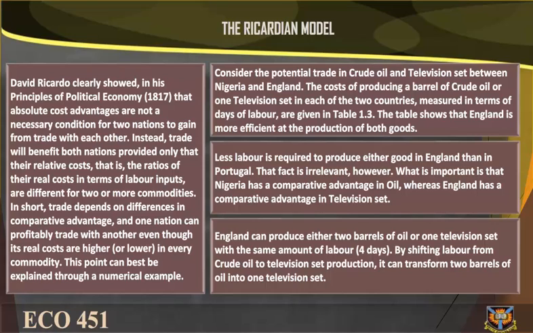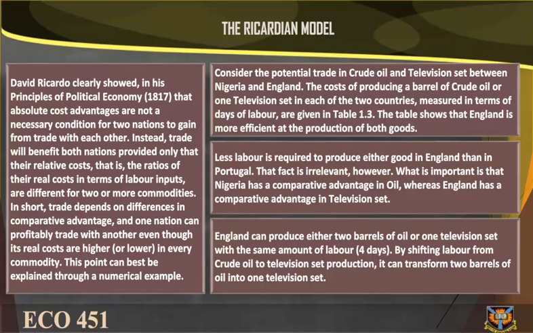However, what is important is that Nigeria has a comparative advantage in oil, whereas England has a comparative advantage in television sets. England can produce either 2 barrels of oil or 1 television set with the same amount of labor, 4 days.